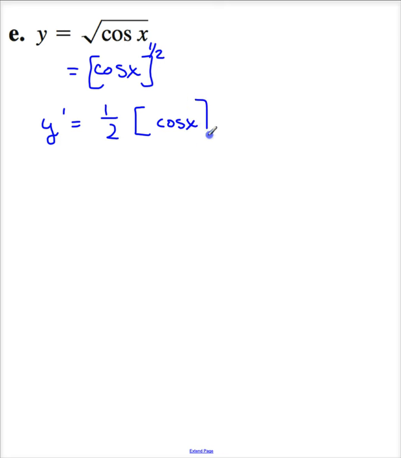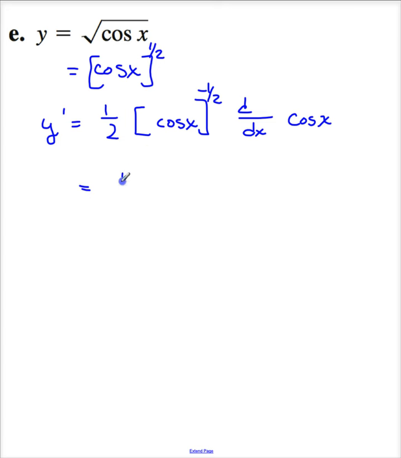Now, this is very obvious that the cosine function is square rooted here. So this is cosine x to the 1/2 power. So y prime, we're just going to use the generalized power rule, is 1/2 cosine x. We reduce the power by 1. And now I need to take the derivative with respect to x of cosine of x.